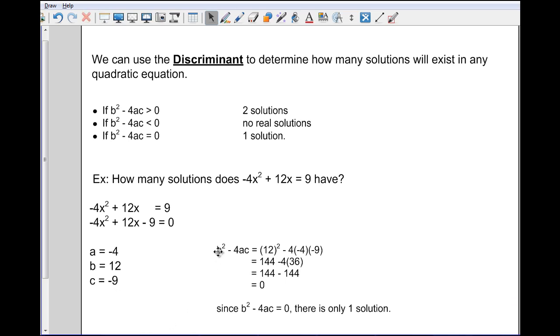So b squared minus 4ac for this particular quadratic is 0. Since the discriminant is equal to 0, it's this case, so there would only be one solution.